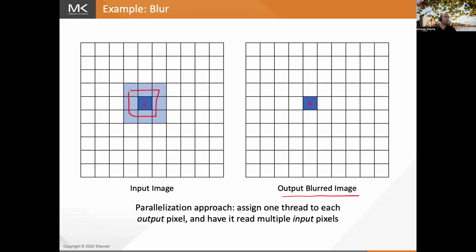To do that, similar to the previous case, we assign a thread to each pixel in the output image. Each thread is responsible for computing the average of that pixel and the pixels around it in the input image, and then it writes the computation output into the pixel that it was assigned to.